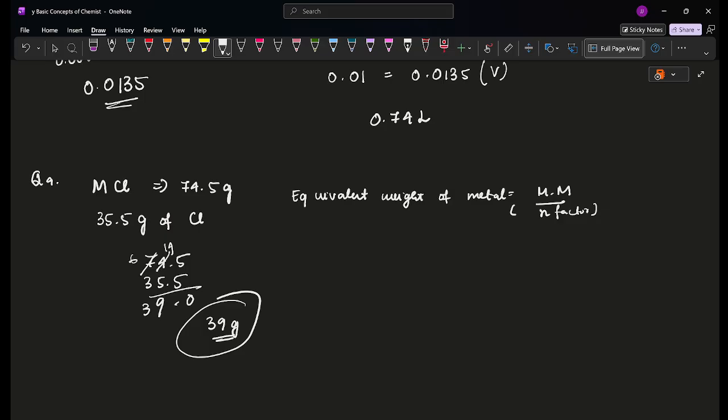So if there is this 35.5 gram of chlorine and so let's first check the answer to this one.